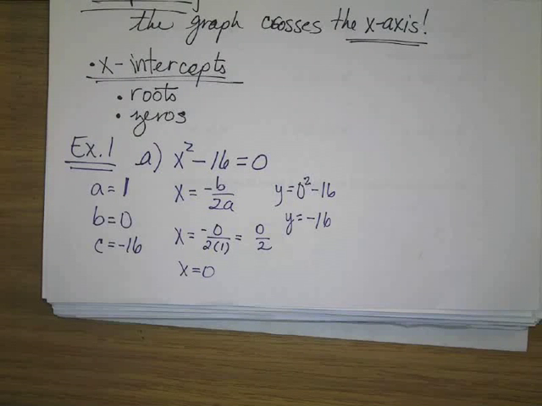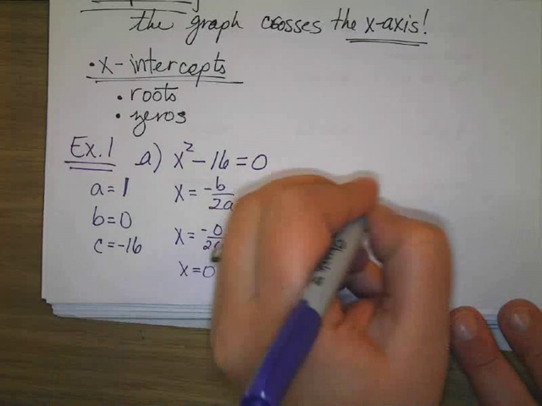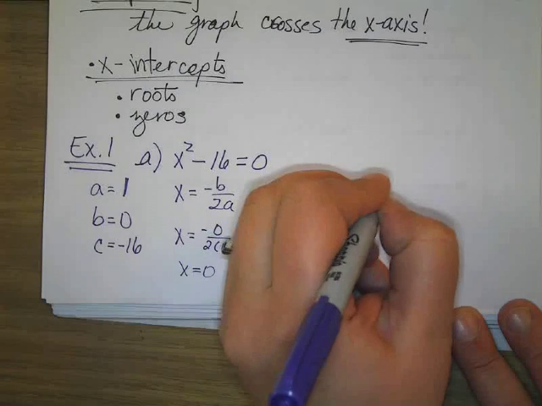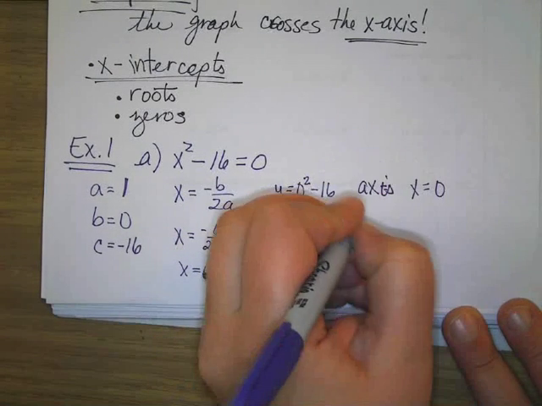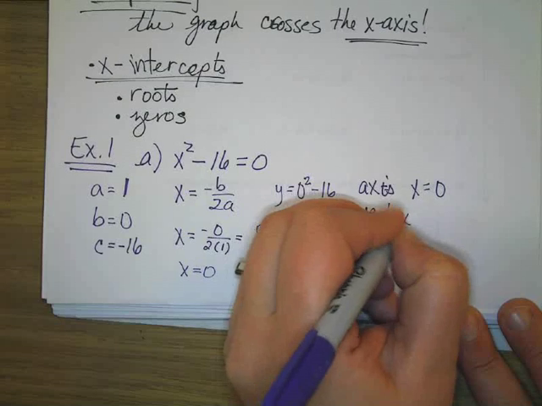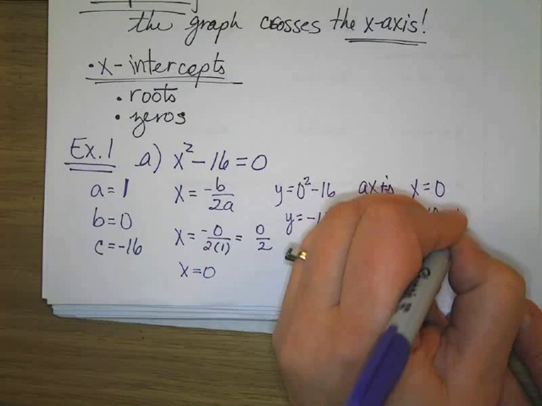So what's our axis of symmetry? x equals 0. Our vertex is (0, negative 16).